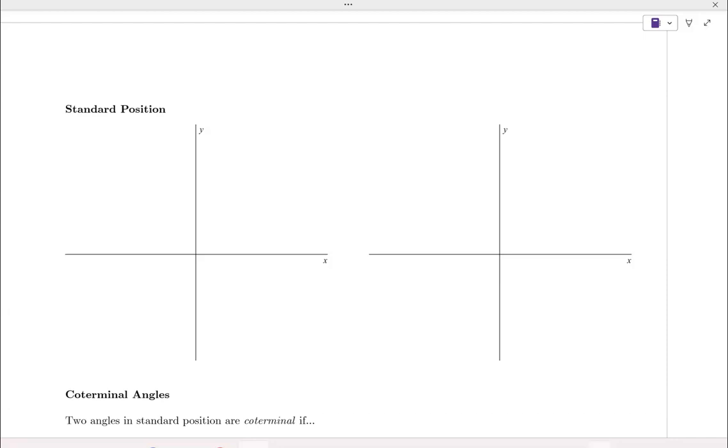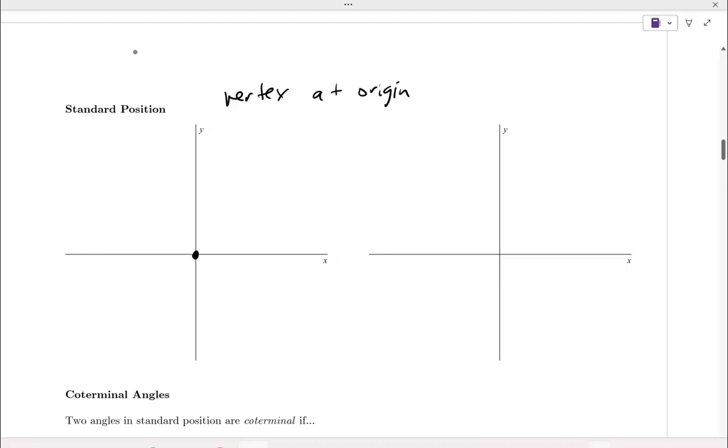I put two pictures here, one just to represent positive angle measure versus negative. When you put an angle in standard position, you put the vertex at the origin, always. Vertex is at the origin. That's step 1, if you will.